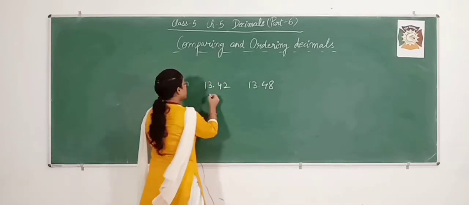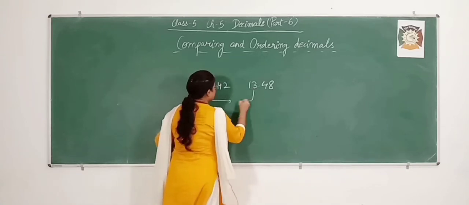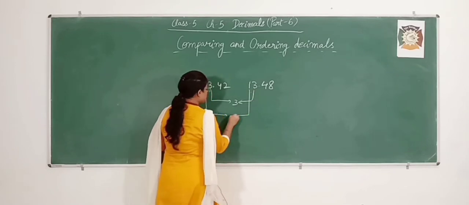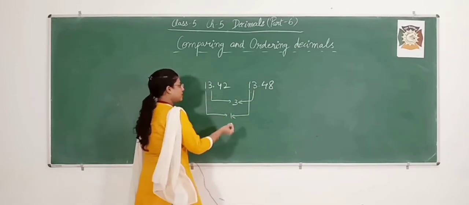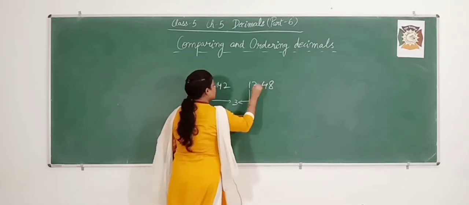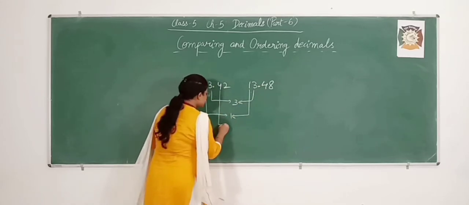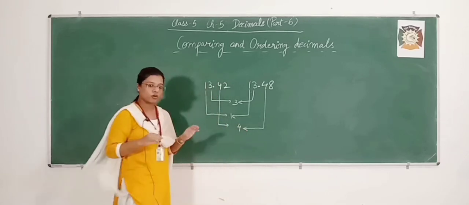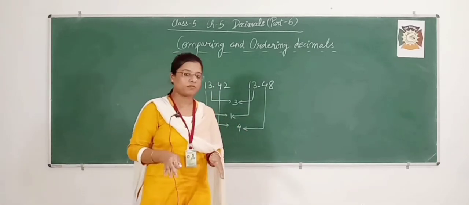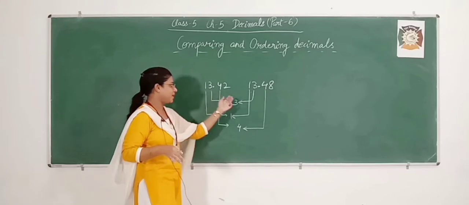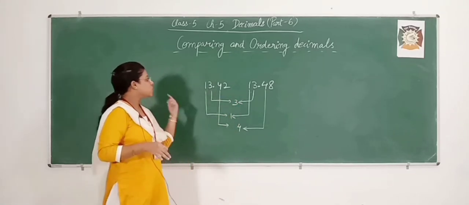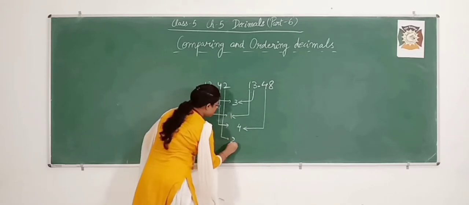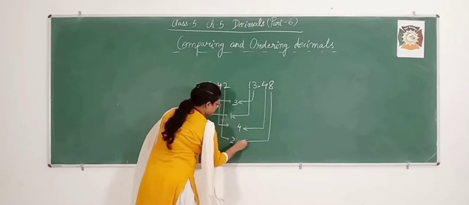Let's compare the ones place. Ones place is same here, that is 3. Tens place is also same, that is 1. Let's move to the decimal and the places after the decimal. The tenths place in both the numbers is also same, 4. So up to here no problem was there because all the respective places have same digits. So now moving to the last digit, it is 2 here and it is 8 here, right?